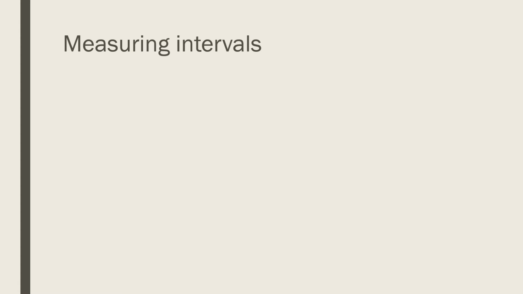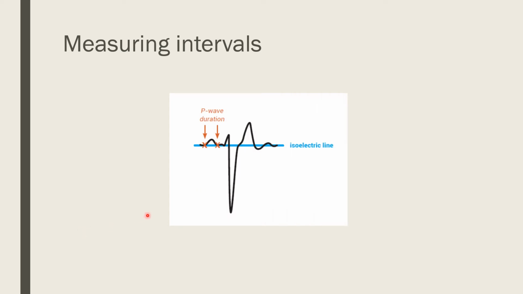How can we measure the intervals in the ECG tracing? First, P-wave duration. It represents the time between the beginning of the P-wave to the end of the P-wave.